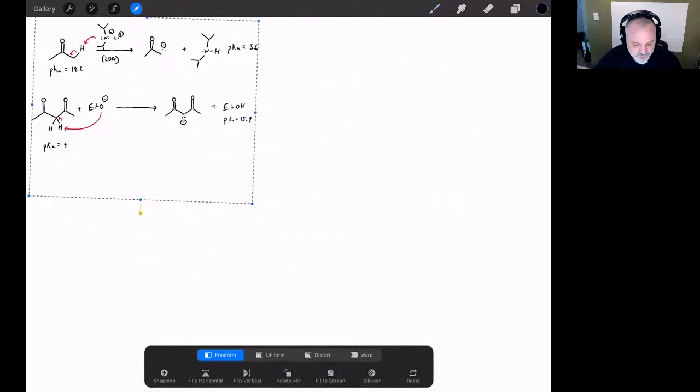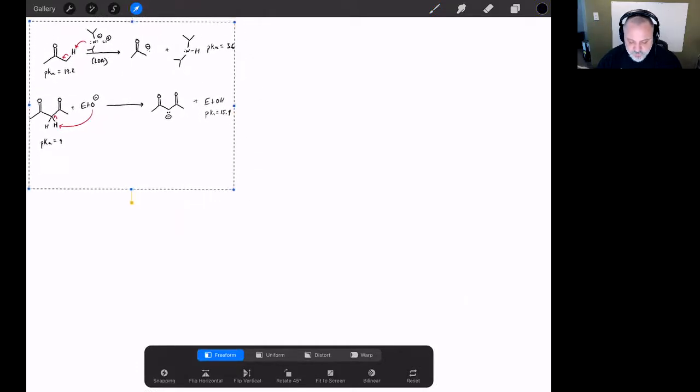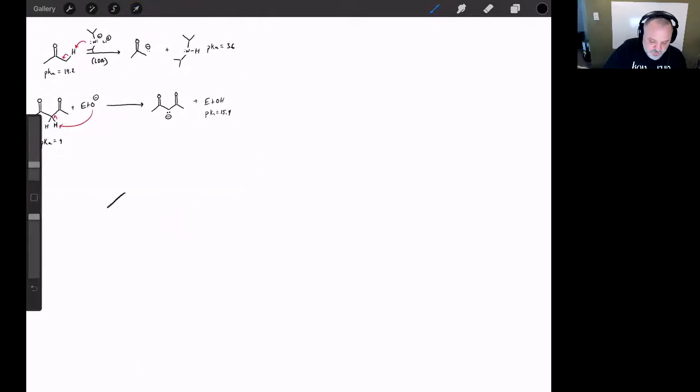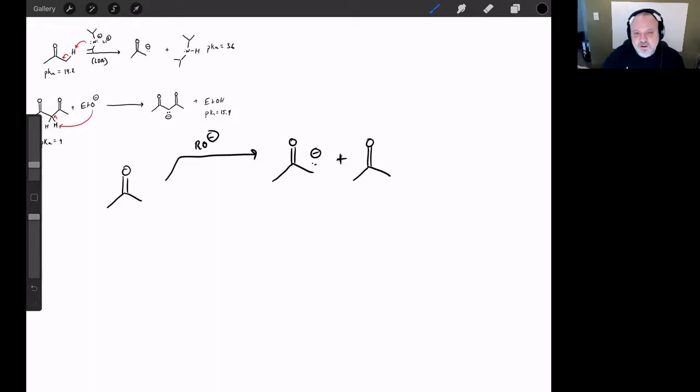And so let's review what's going on with the chemistry here. If I take an enol or a ketone and I react it with some RO base, then I am going to get some of the enolate, but remember the ketone will also be around, so it's not going to be irreversibly formed. If I use LDA or sodium hydride, then I will irreversibly form the enolate.